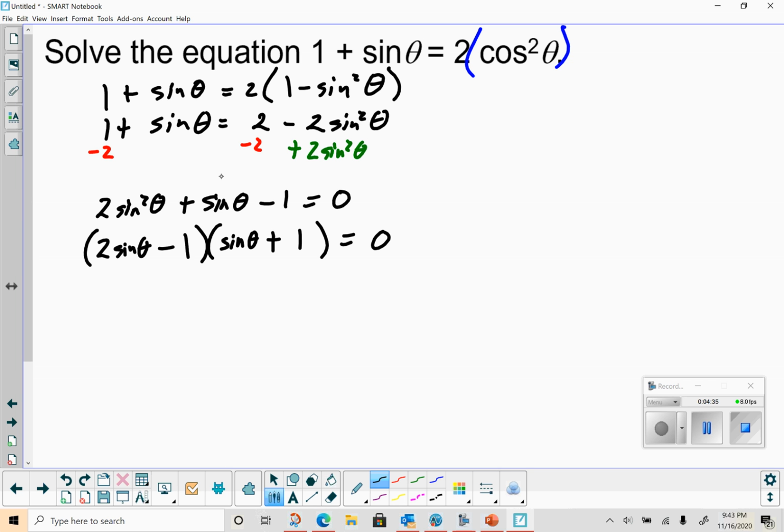All right, so we set it equal to 0. We factored it, set each factor equal to 0. So 2 sine theta minus 1 equals 0, or sine theta plus 1 equals 0. Step 4, solve each of them individually. So over here, I'll have to add 1 to both sides.